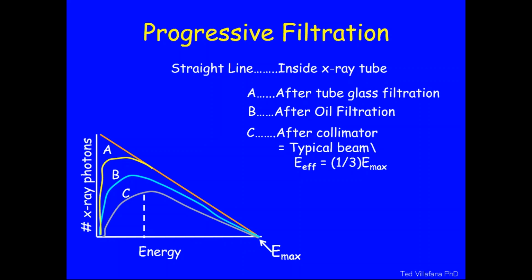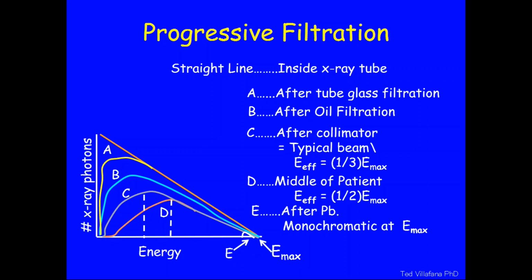But now the beam hits the patient and starts going through the patient. If you go to the middle of the patient, I'm now going to give you another relationship of energy. The effective energy in the middle of the patient is 1/2 of Emax. It was 1/3 of Emax at the surface of the patient, but after the progressive filtration inside the patient, now you're up to 1/2 of Emax.